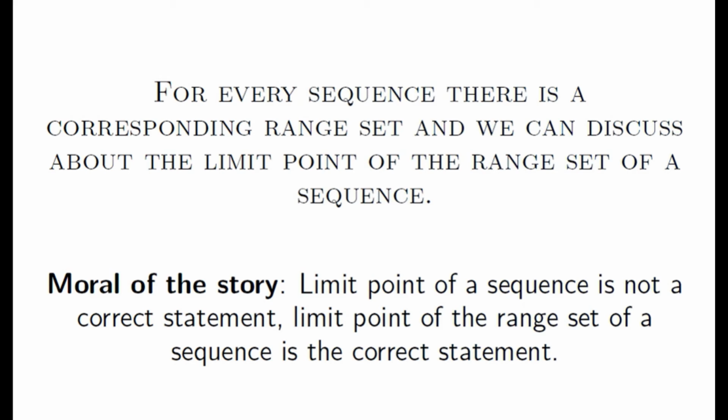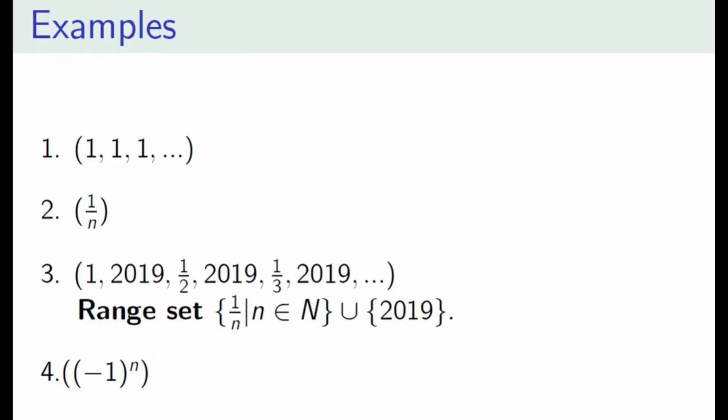Now let us understand this with examples. I think these 4 examples are more than enough to understand this theory. See the first sequence. This is a constant sequence 1, 1, 1, 1, 1. In this constant sequence, the range set will have only one element, that is 1.